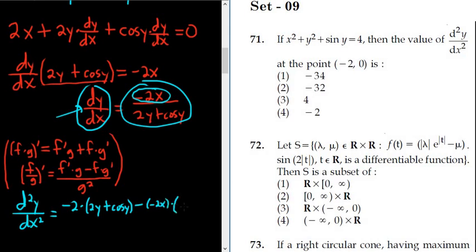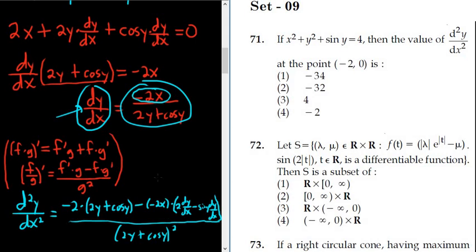The derivative of the bottom piece is 2 dy dx, that's the derivative of y. And then the derivative of cosine is negative sine, so it's negative sine y dy dx. That's the chain rule again. All over the bottom one squared, so 2y plus cosine y, squared.